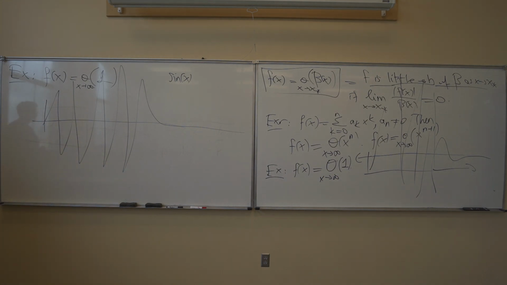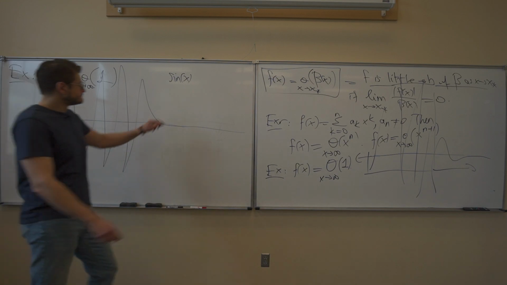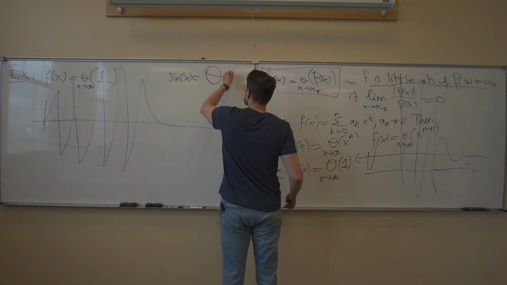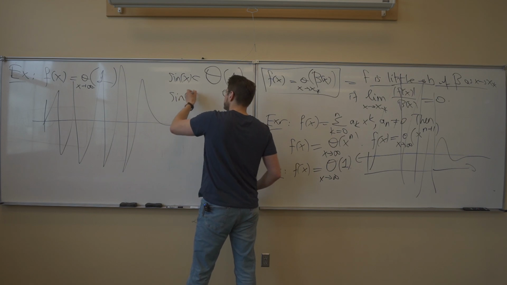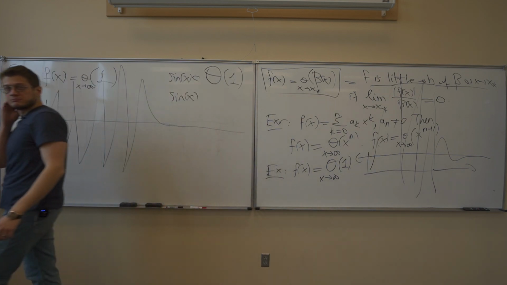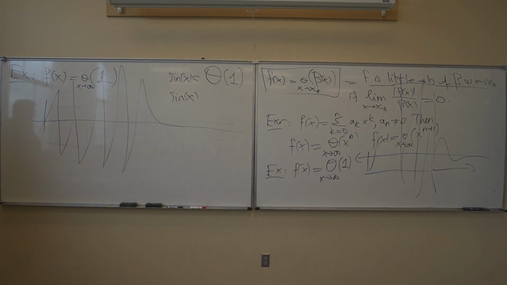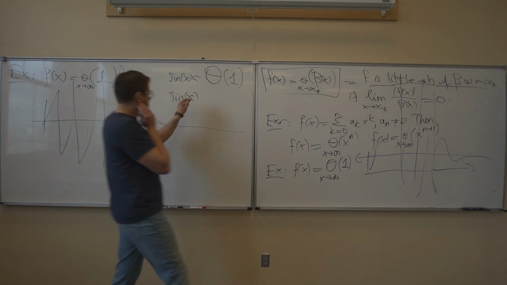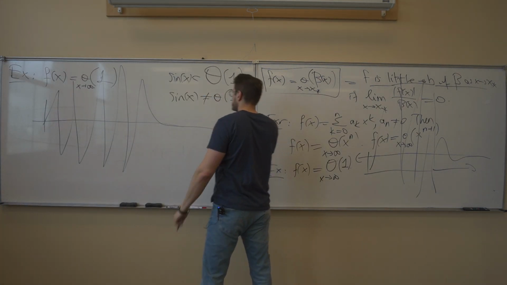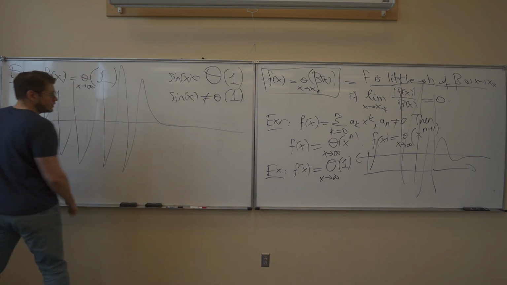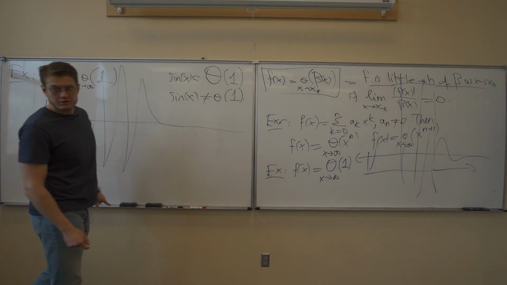It's bounded. It oscillates between plus 1 and minus 1. Is it little o? It doesn't converge. It cannot converge, okay? So saying that the function is little o is stronger.